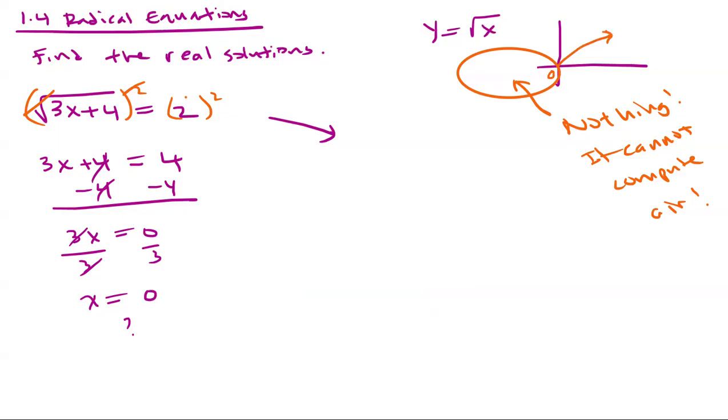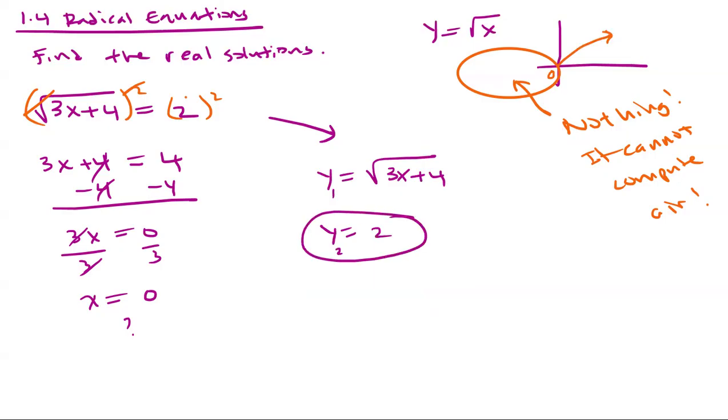So what are they? Well, we have y1 is equal to the square root of 3x plus 4, and y2 is going to equal 2. Okay? So what does y equals 2 look like? What kind of graph does that look like? Does anybody remember?